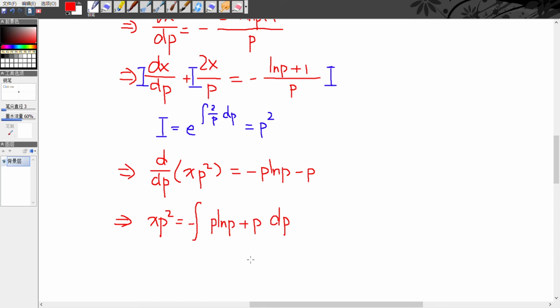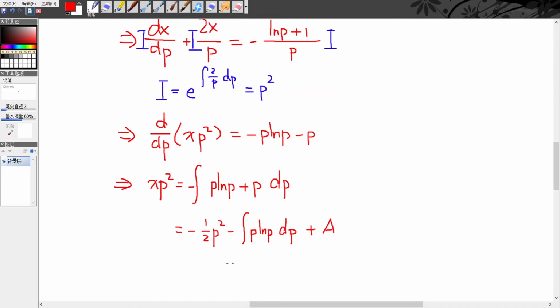And it gives us negative 1 over 2 p squared minus integration p ln p dp plus some constant a.